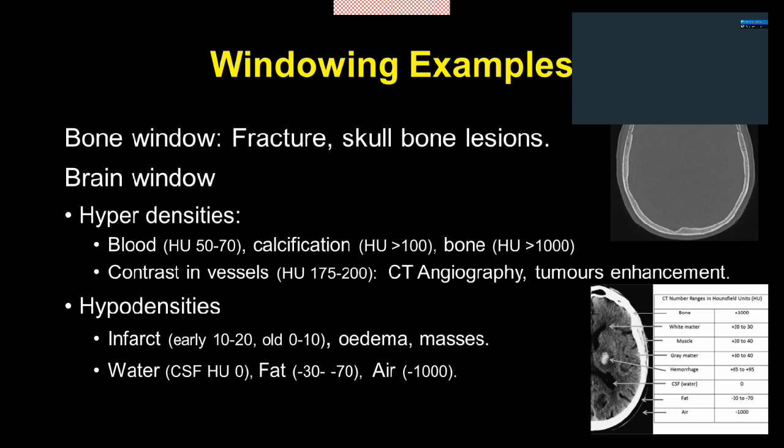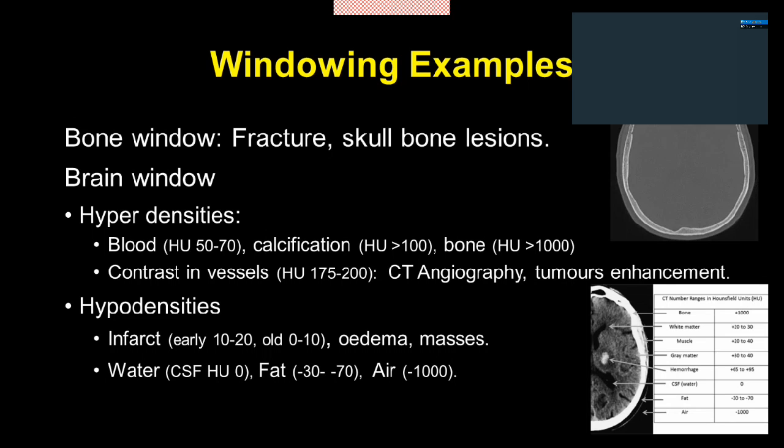Brain window is the most frequently used setting, and the majority of evaluation of brain abnormality is done using this window setting. Brain window can show differences among different types of soft tissues, such as brain, blood, and vasculature, and also air-filled structures and fluid-containing spaces.